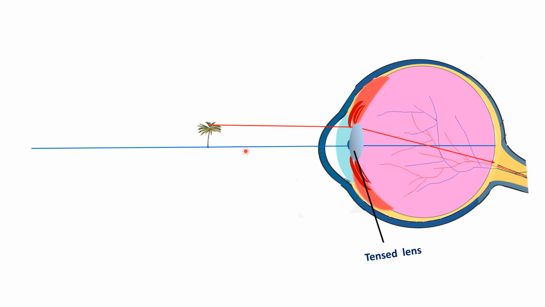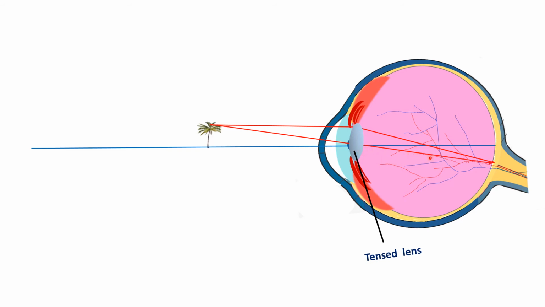Next, the second ray I am taking from the same point here and which passes through the optic center and will not get deviated. And these two rays will meet on the retina here so that the image of the object will be formed here. See here, the second ray is passing through the optic center of the eye lens, so it won't get deviated.